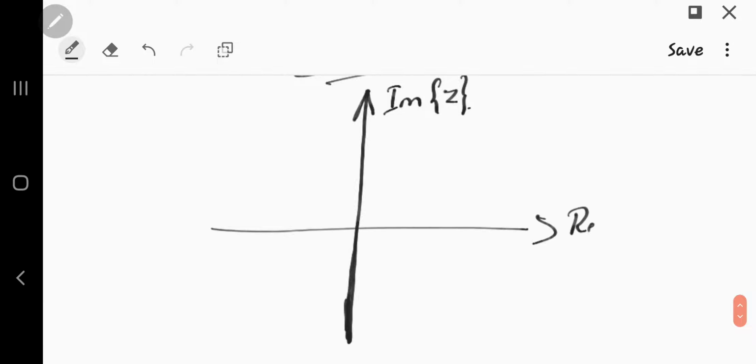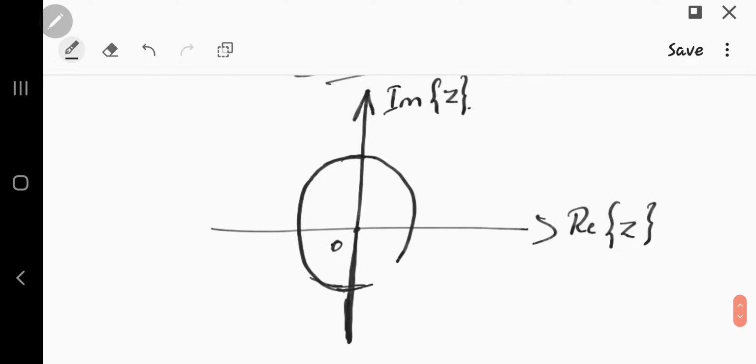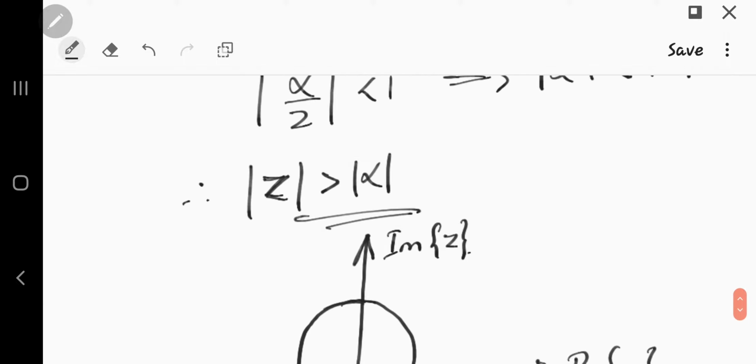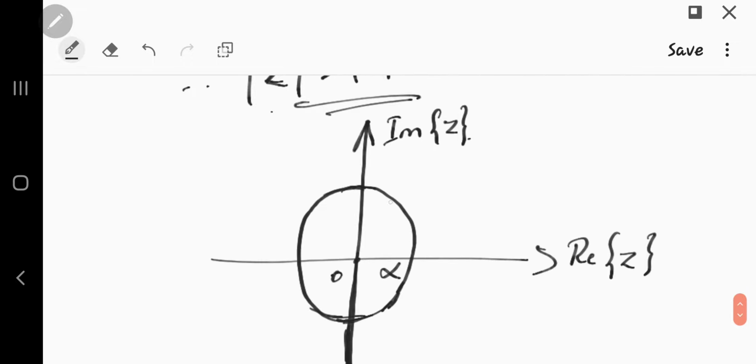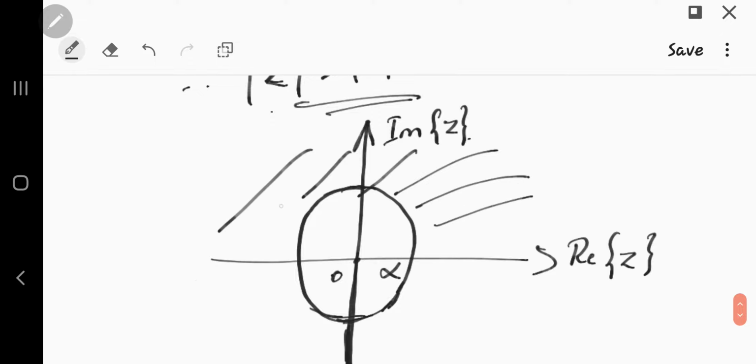Now this alpha will give you the radius of the circle, whatever value it takes. This is called the unit circle when alpha is 1. The radius value is alpha, and the ROC lies greater than alpha, meaning above this circle. So here is the region where the ROC lies.